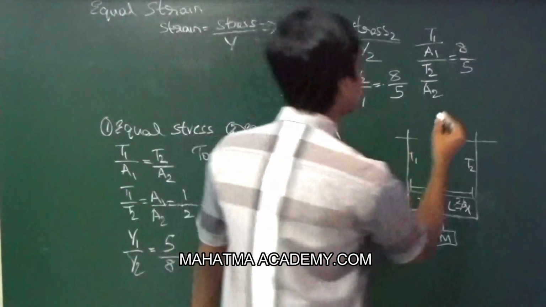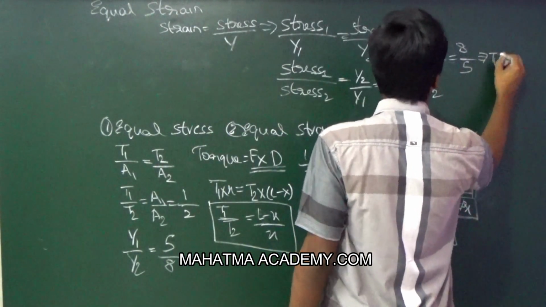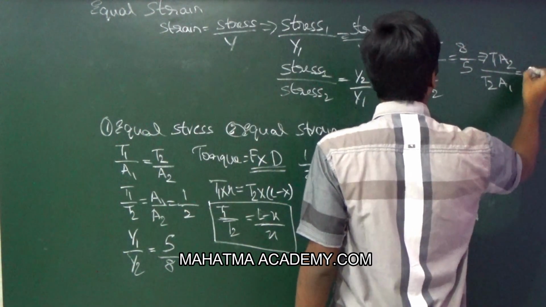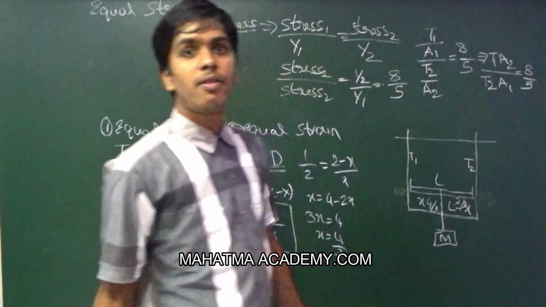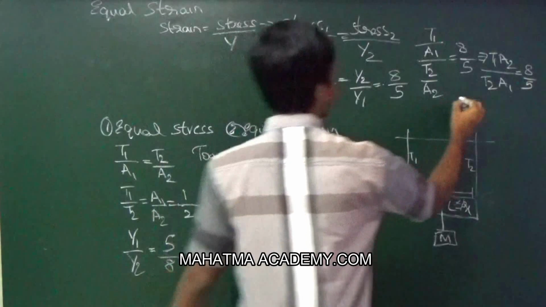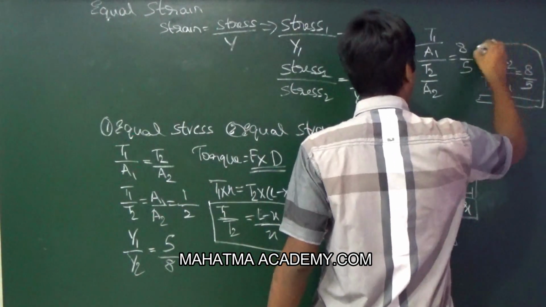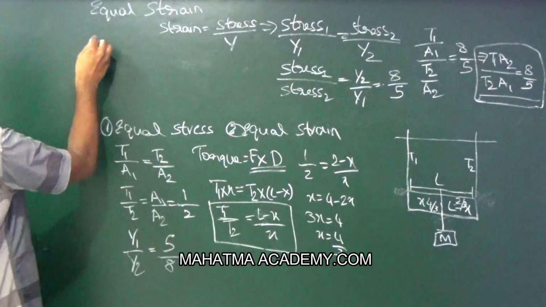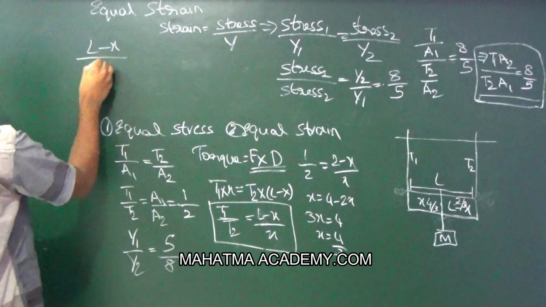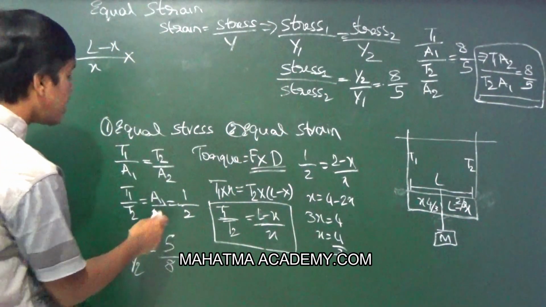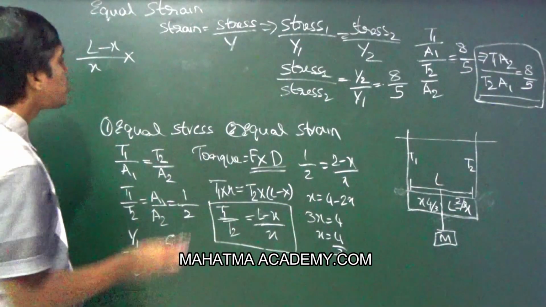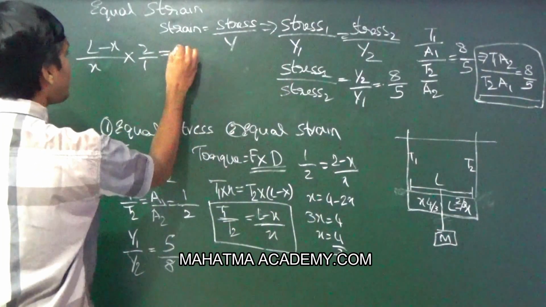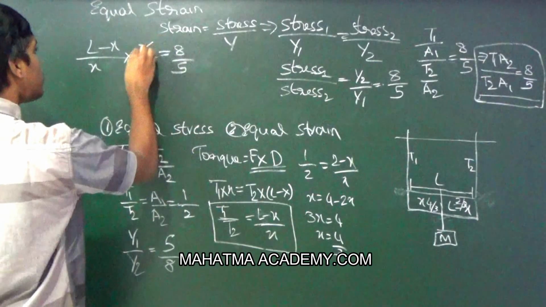From this we get T1 A2 by T2 A1 is equal to 8 by 5. Here T1 by T2 is L minus X upon X, into A2 by A1 which is 2 by 1, is equal to 8 by 5.